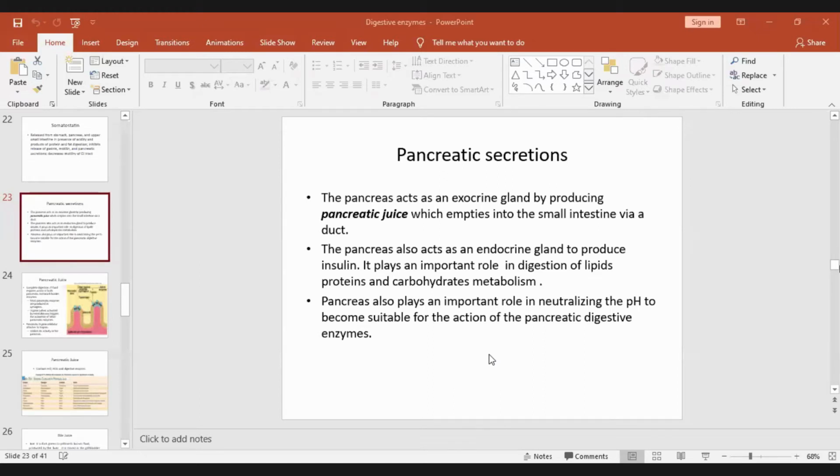So the acidic food should be neutralized to some extent, and that is carried out by pancreatic secretions, mainly by bicarbonates.